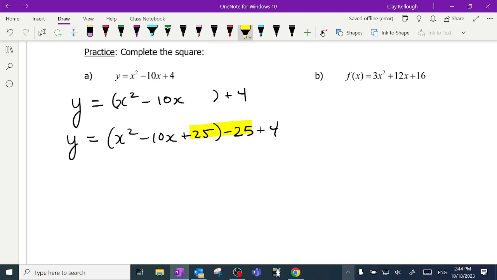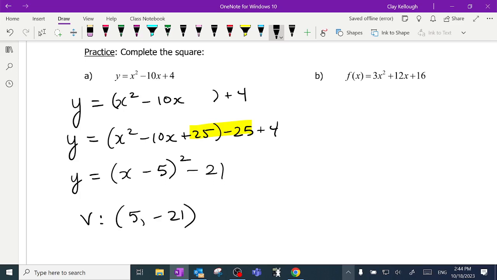I added 0. That doesn't change anybody. But it looks different because now I can factor this first part into x minus 5 squared. And these two things are like terms, so that's minus 21. So I know that my vertex is the point 5, negative 21.